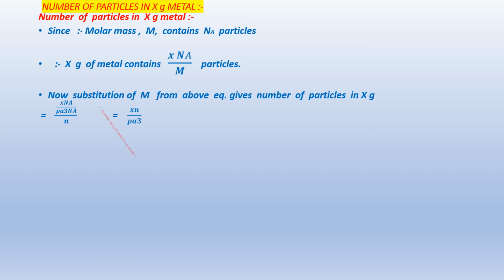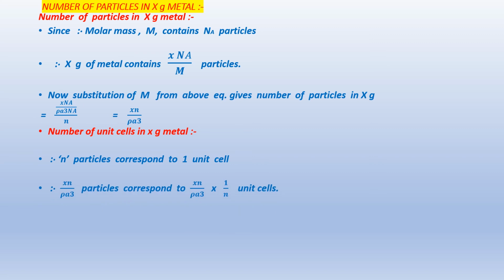Okay, then the number of unit cells in x gram of metal: n particles correspond to one unit cell. Therefore, x n upon rho into a cube particles correspond to x n upon rho into a cube into 1 upon n unit cells.